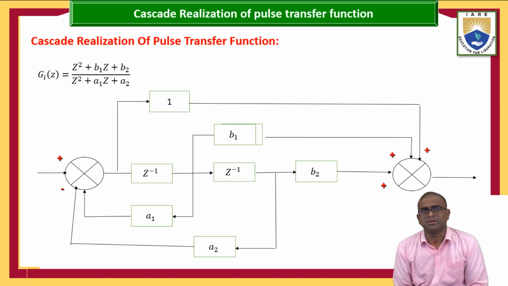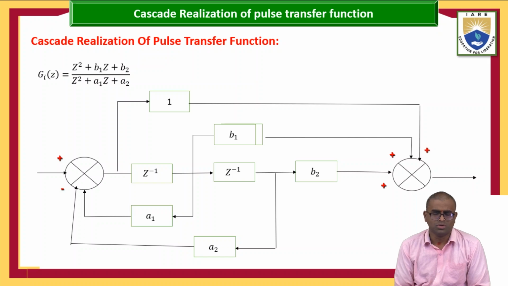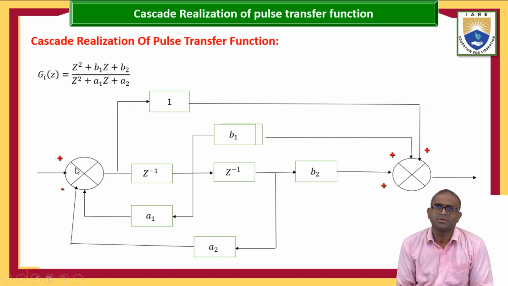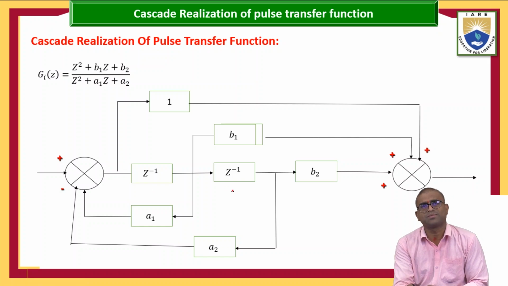Coming to the forward path, that is the numerator part, the power is 2, so the order is 2. That's why in the realization diagram we get z power of minus 1 two times.